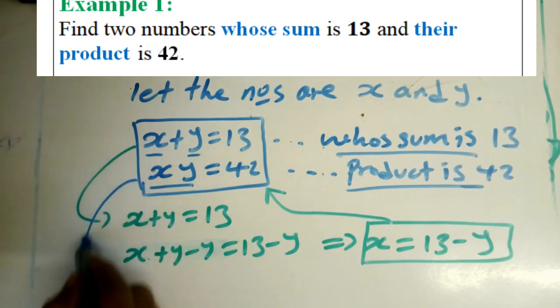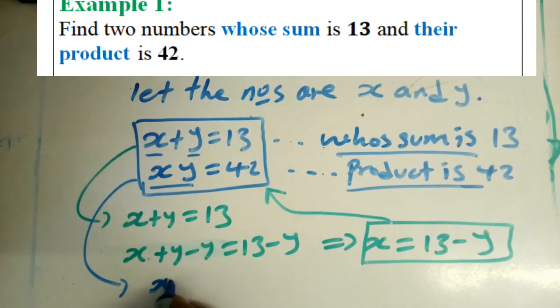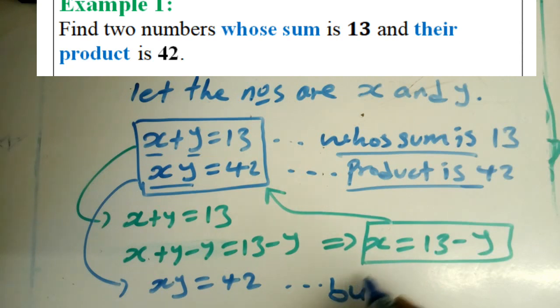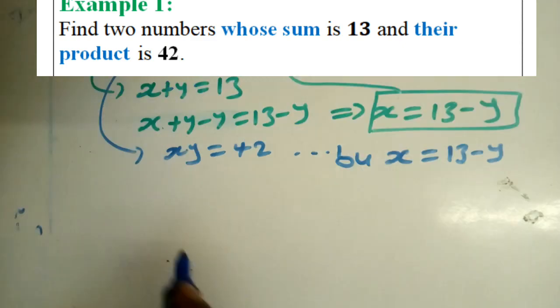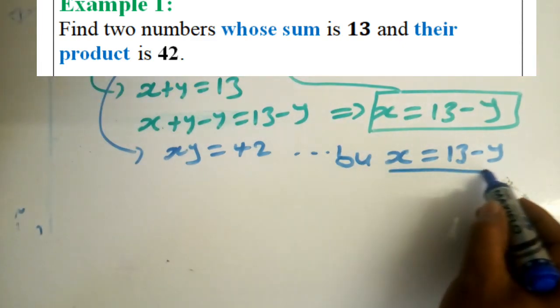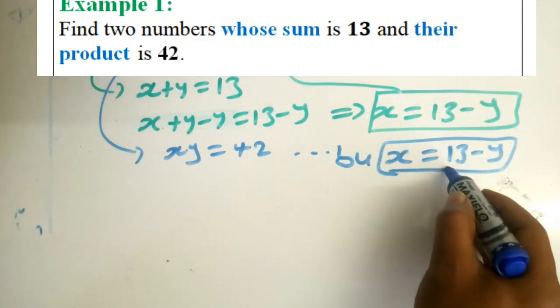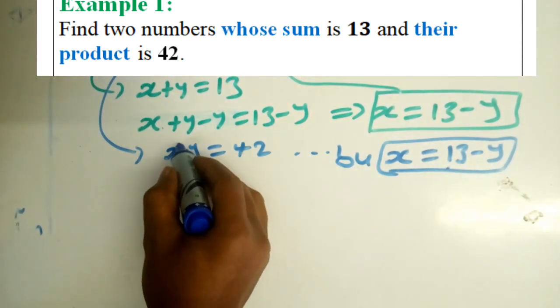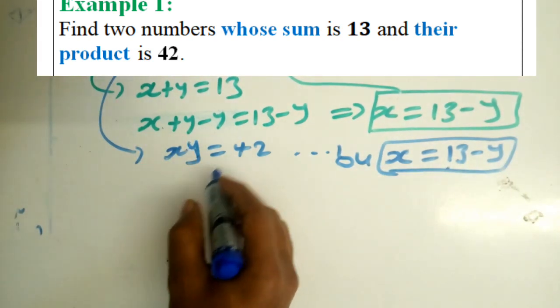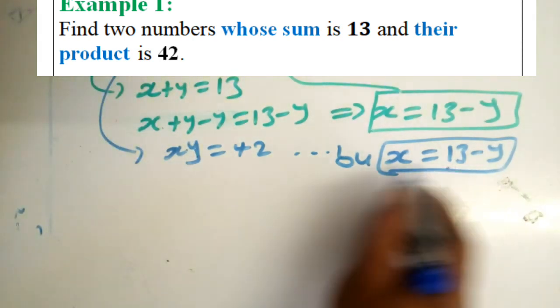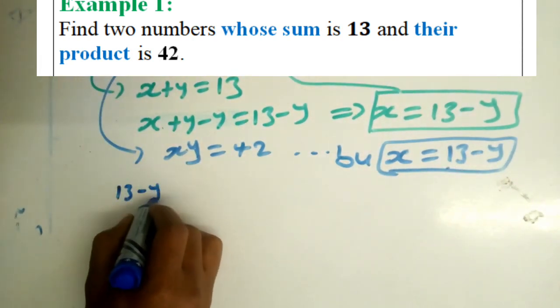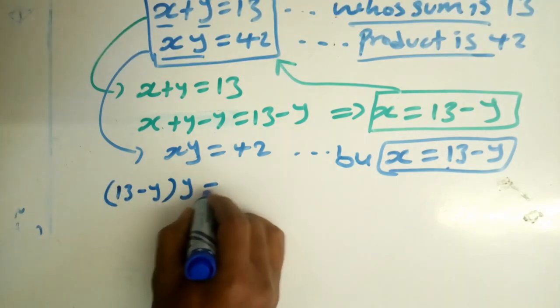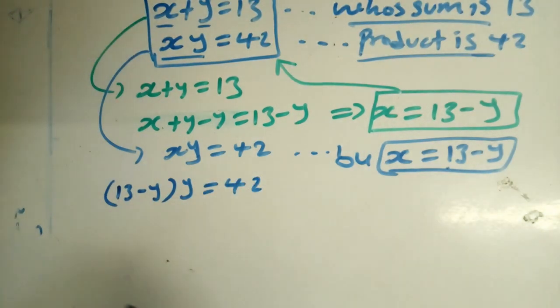From the product, we have X times Y is equal to 42, but from the addition or from the sum, we get that X is equal to 13 minus Y. Substitute the value of X is equal to 13 minus Y into the product X times Y. This implies 13 minus Y times Y is equal to 42.